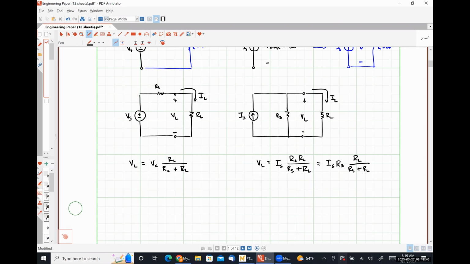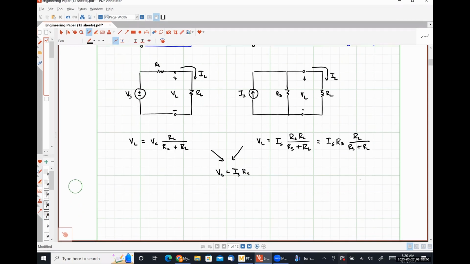When VS is equal to IS times RS, absolutely right. Okay, so these are electrically equivalent when VS is equal to IS times RS. So we've got the voltages figured out.